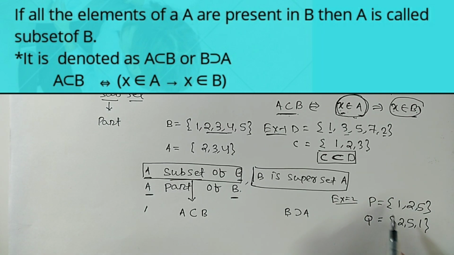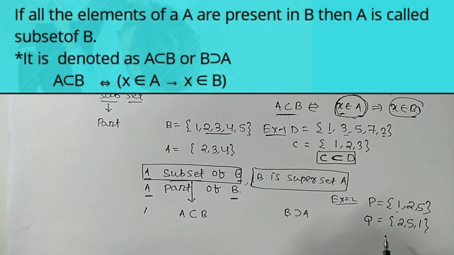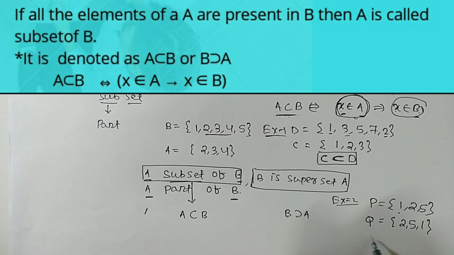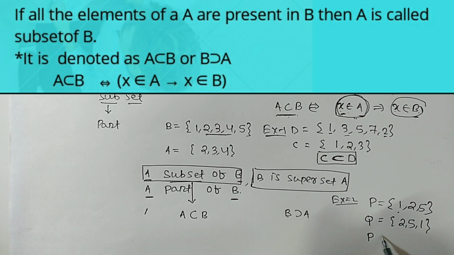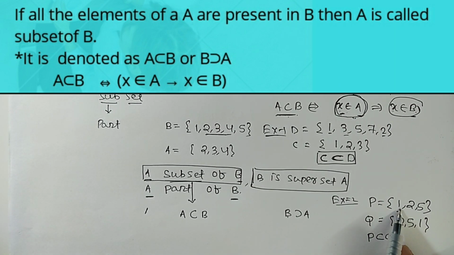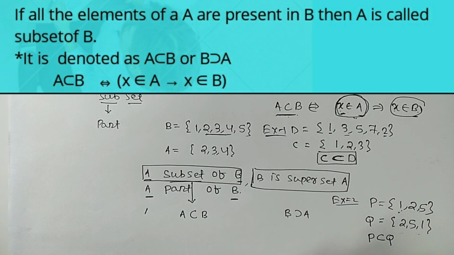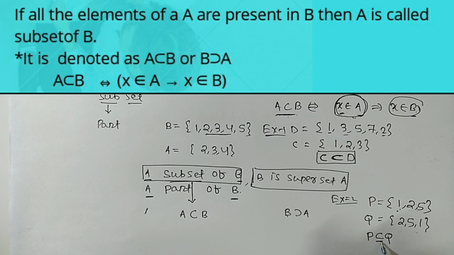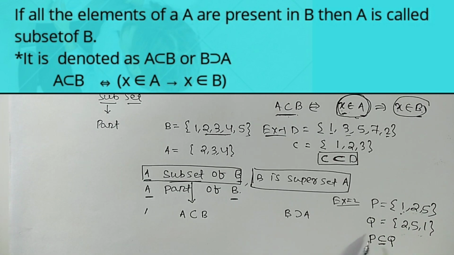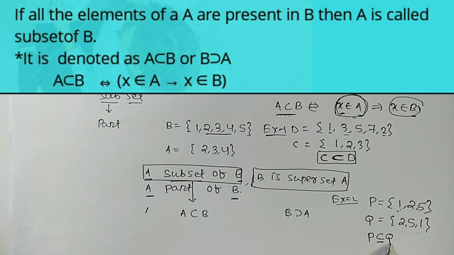You can see that all the elements in the set P are also in the set Q. According to the definition, as all the elements of P are present in the set Q, we can write P is a subset of Q. But since all the elements in P and Q are the same, we can use the equal sign here, because P is a subset of Q and all the elements in P are equal to the elements of Q.